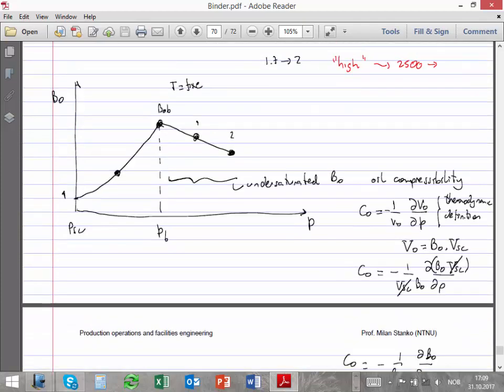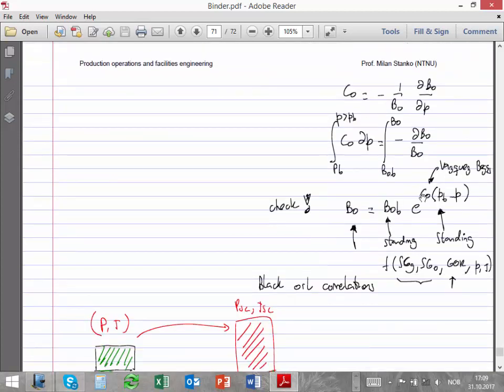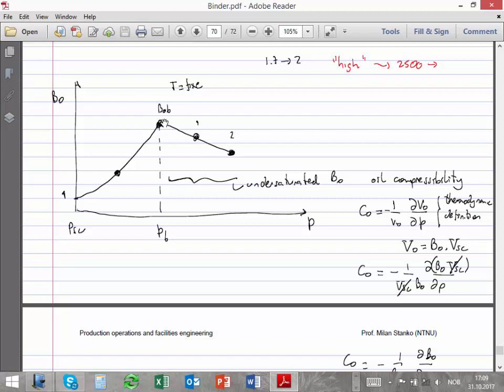And this BO, I told you how we can estimate in the undersaturated region. That means if P is above the bubble point, we use this exponential function that basically depends on CO, for which we are going to use a correlation, the oil compressibility by Vasquez and Beggs. We're going to use the bubble point pressure, and that's by Standing. And we're going to use also the oil volume factor at the bubble point, which is also another correlation by Standing.